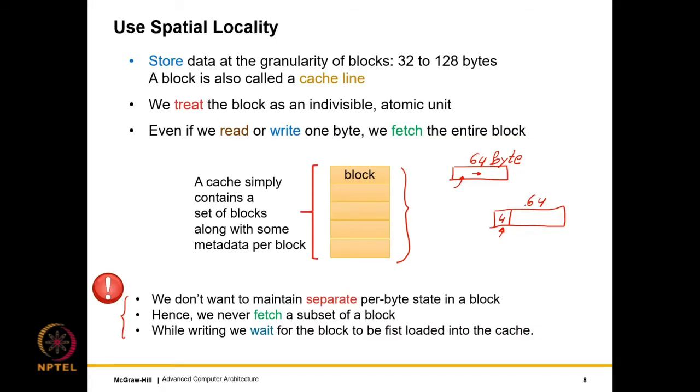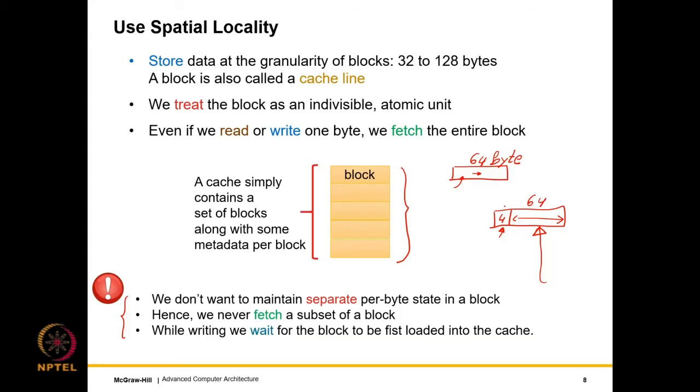But that's not the way it's going to work, because what about the remaining 60? The remaining 60 have to be fetched from the lower level, and even if you're writing 4, since a block for us is an indivisible atomic unit, we never want to have a partially formed block where some bytes are written and the rest of the bytes are not known. We don't want to do that.